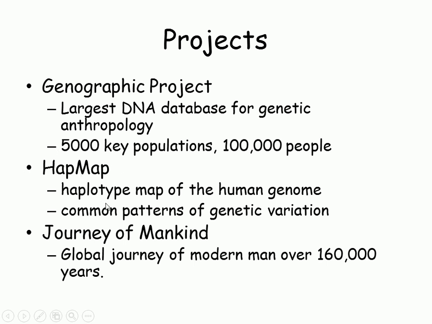They construct a haplotype map of the human genome and deposit the common patterns of genetic variation in humans. HapMap becomes very useful when you are studying diseases and which SNPs would be responsible for a certain disease. The Journey of Mankind tries to uncover the global journey of man over 160,000 years.